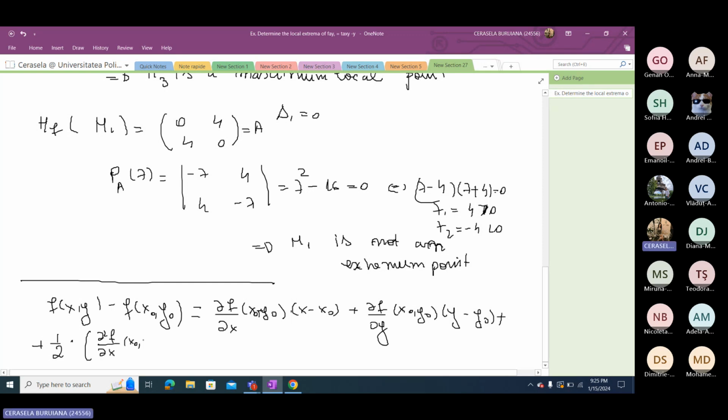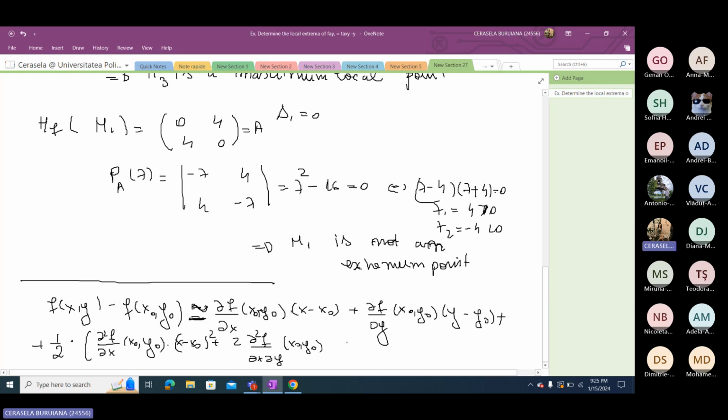Just a second to finish here, to write the formula, and then I explain what it's all about. What can be obtained in this way? So I apply the Taylor polynomial, and I know that I can approximate f of x, y minus f of x0, y0 by this expression.